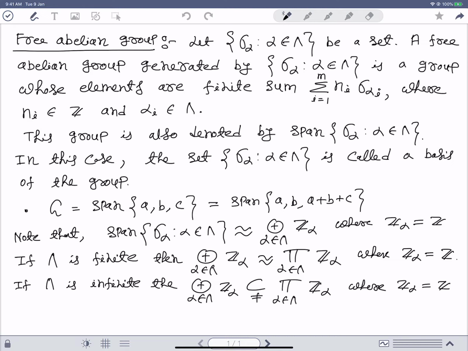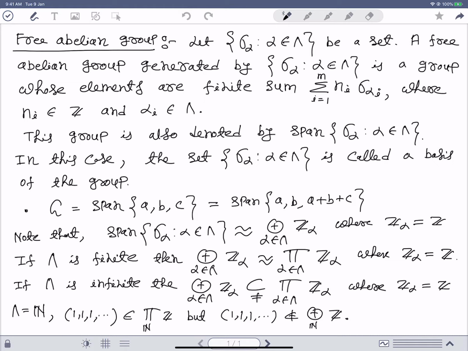But there is no such restriction for the direct product. That means if you take your index set lambda equal to the natural numbers N, then the sequence 1, 1, 1, 1, that is, the eventually one sequence, belongs to the product of Z. Okay, but this element does not belong to the direct sum of Z. Okay, so this is the difference.